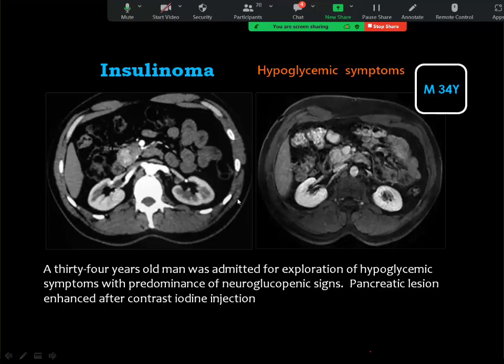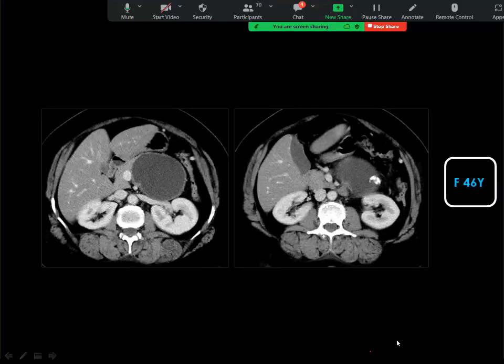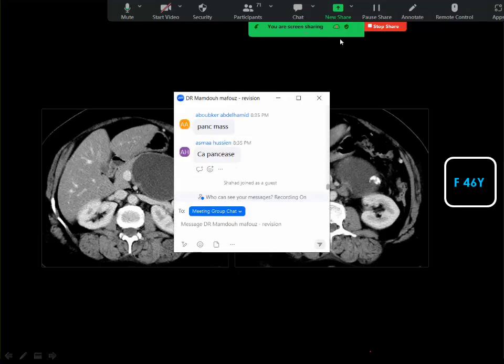But most of the other pancreatic lesions are seen usually without the need for the triphasic study. Next case is a female 46 years old, and this is the CT scan of the abdomen.